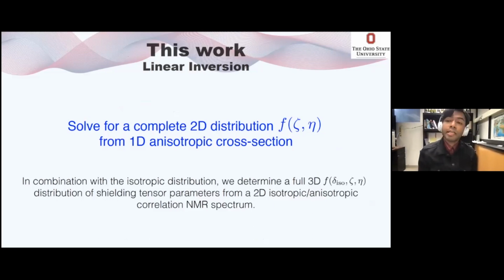And in combination with the isotropic dimension from the 2D experiment, we can construct a full 3-dimensional isotropic, anisotropic, and asymmetry parameter distribution for the nuclear shielding tensor.